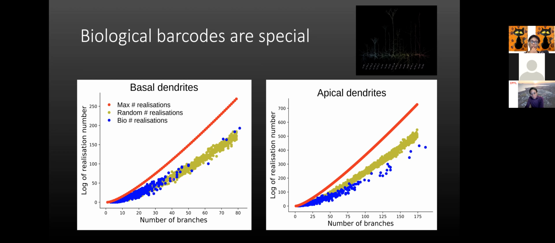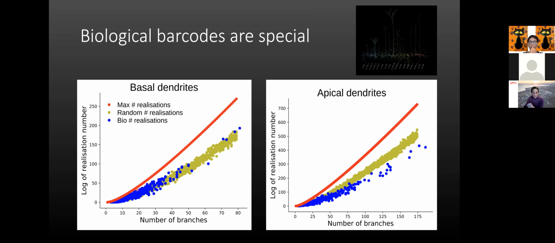And then the points that are here in yellow-green are taken by saying, okay, I'm going to choose barcodes at random with this many branches or this many bars, and then see how many possible realizations there are. That was plotted here, doing this for a very large number of barcodes chosen at random, to see what the curve of the topological realization, the tree realization number, looked like.